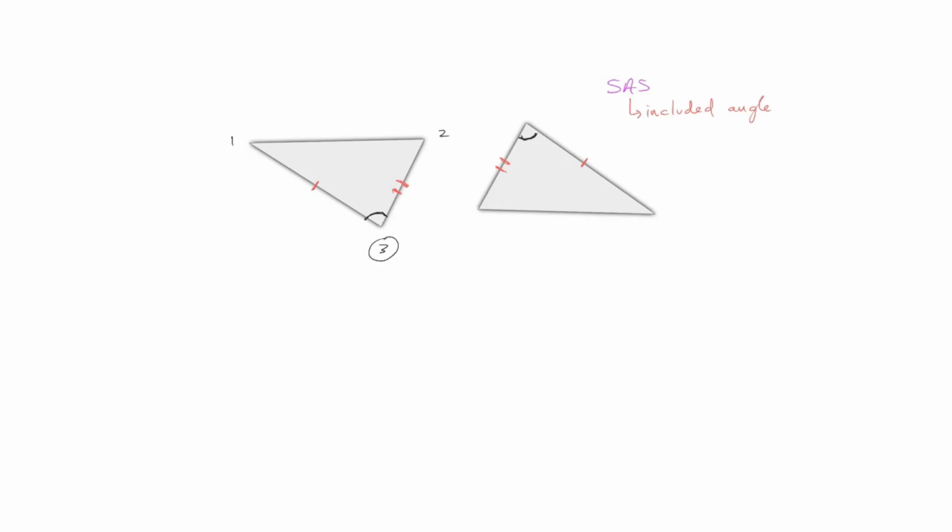Now what I like to do when working with these rules is I kind of like to look at what I have congruent. I'll put an A or S right next to the parts that are congruent.